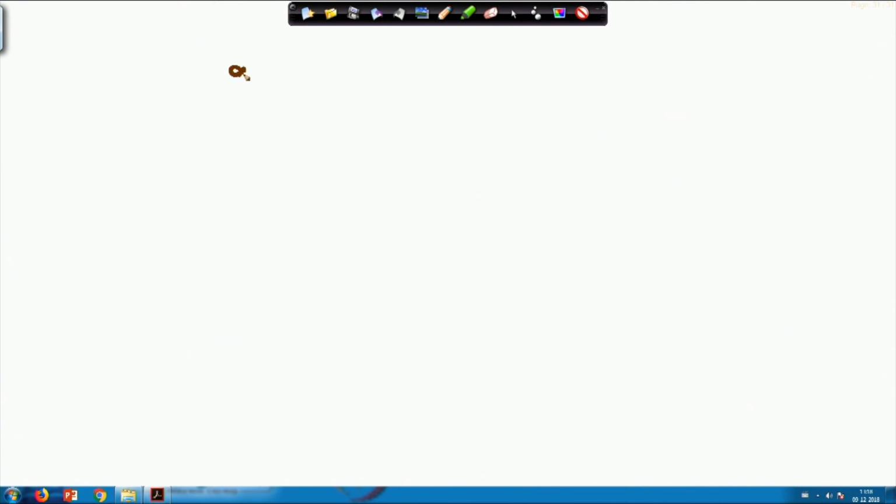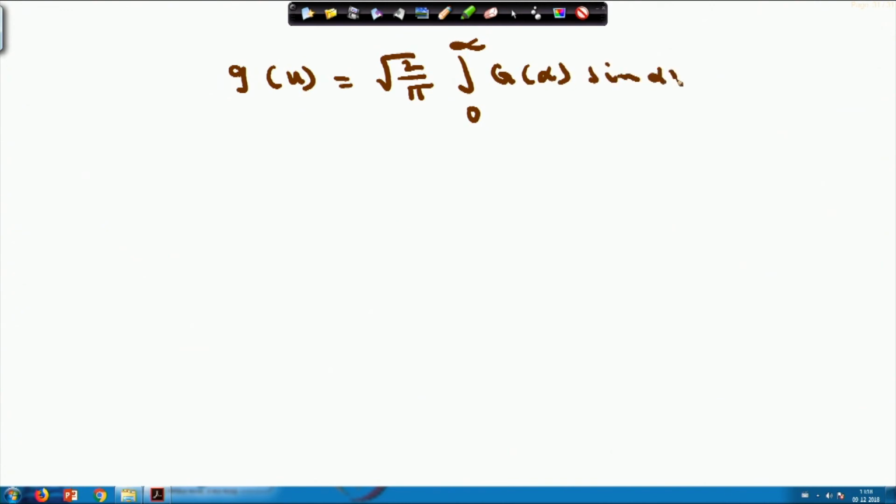Your g(u) is root over 2 by pi, integral from 0 to infinity, G alpha into sin of alpha u d alpha. Again from inversion, the inverse Fourier sine transform, I can write it.